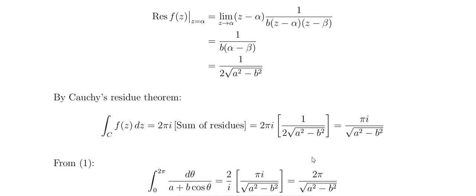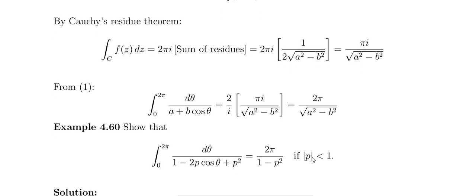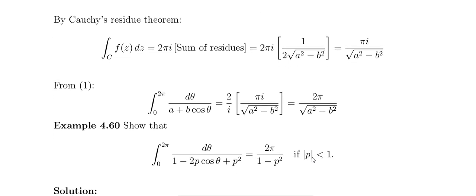So the integral over c, the integral from 0 to 2 pi of d theta by a plus b cos theta, is 2 pi i into the residue, so that gives pi i by root of a square minus b square.